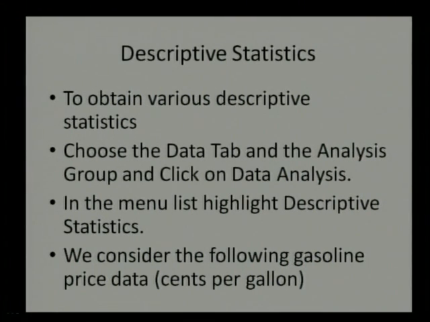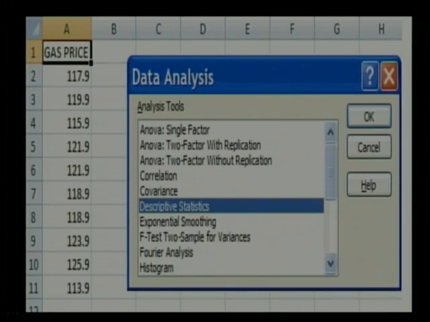So let us consider one example of gasoline price data, and it is like this. Suppose the price of gas is given in column A like this, and we want some detailed descriptive analysis, or descriptive statistics, of this data.